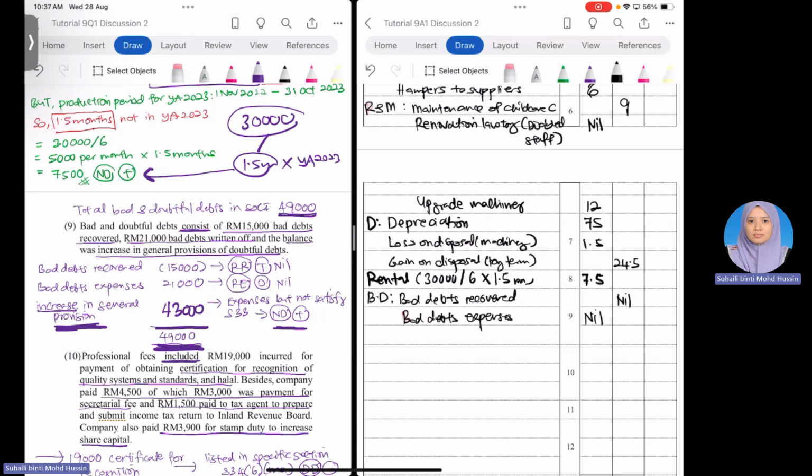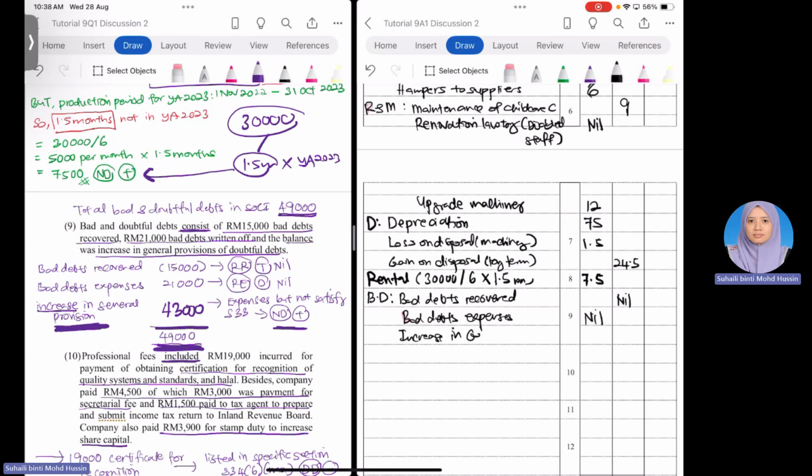Okay, and then another item in number 9, increase in general provision. We see the key word provision. If it is a provision, we know that it's only an estimated amount. If a provision is not listed in any specific section, we can conclude the amount is not allowed for deduction. So the increase in general provision is an expense, but does not satisfy section 33 subsection 1.